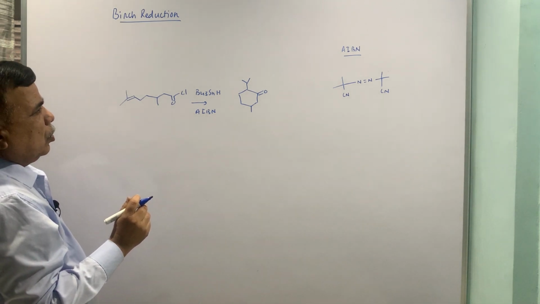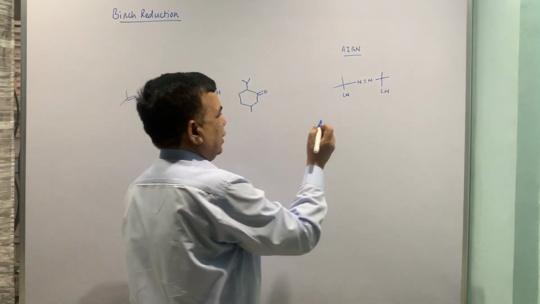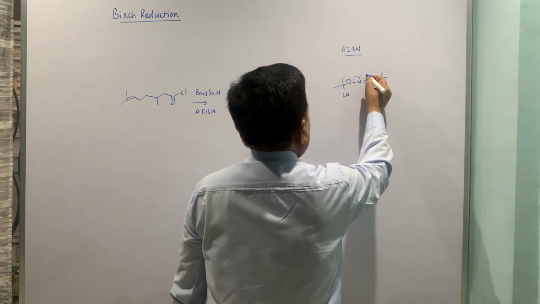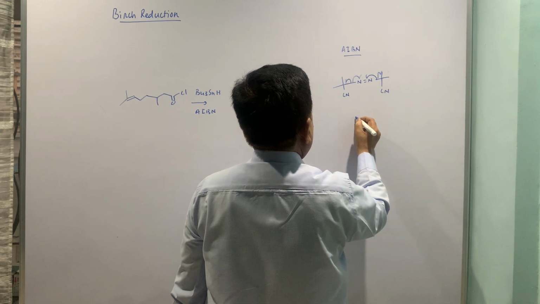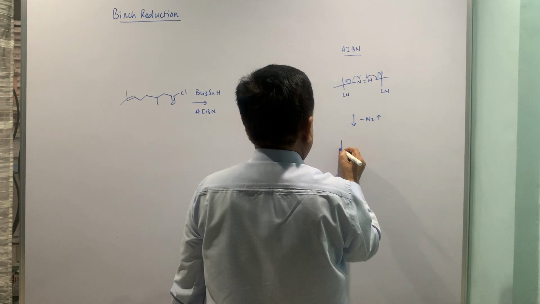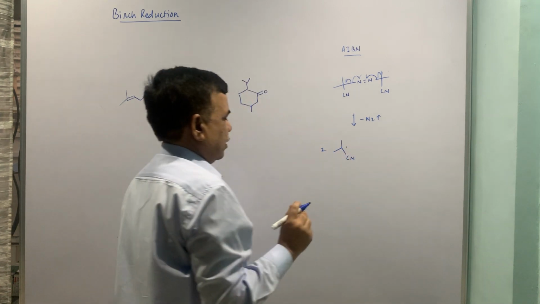Now, the role of AIBN, as I have written it here. So, let me show the utility of this reagent. This loses nitrogen and you get two radicals.